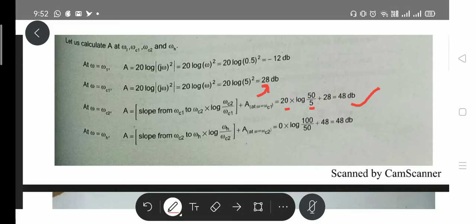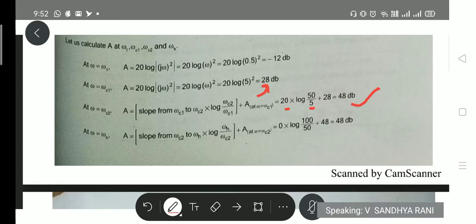This is the magnitude of the corner frequency 2. Next, omega is equal to omega h. Same as it.